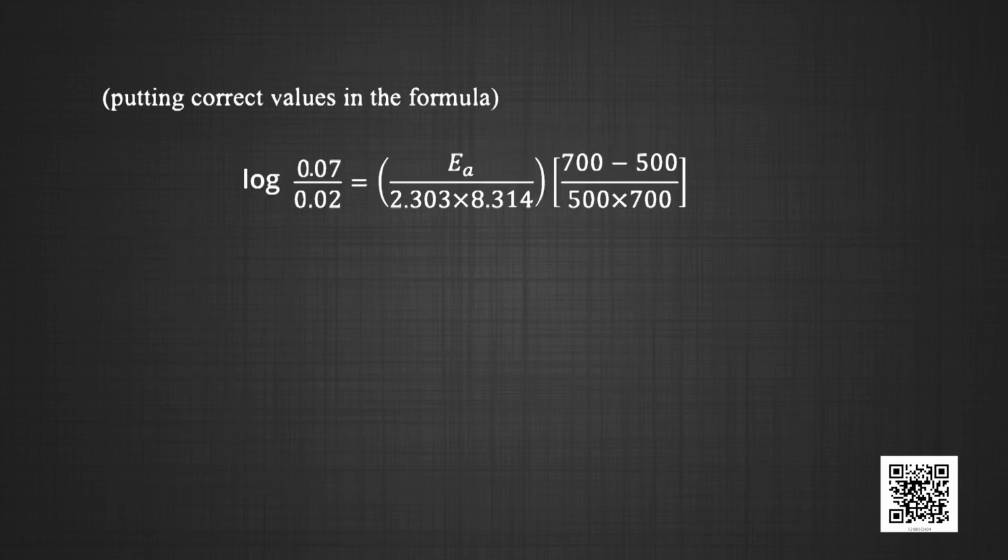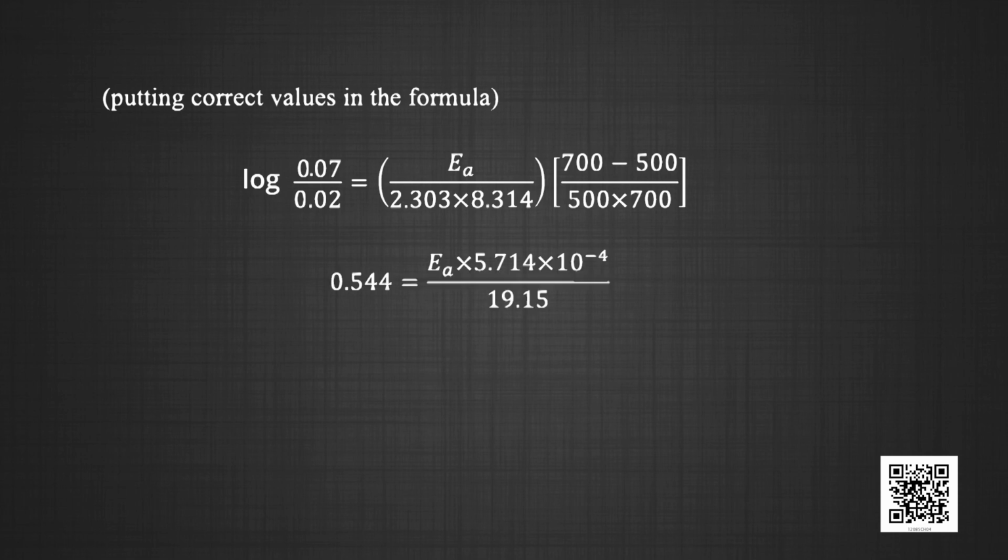Now, putting the correct values in the formula, it becomes log 0.07 divided by 0.02 equals to EA divided by 2.303 into 8.314 and then (700 minus 500) divided by (500 into 700).